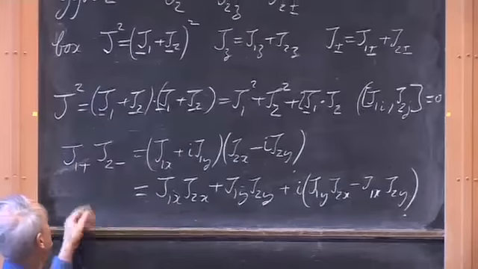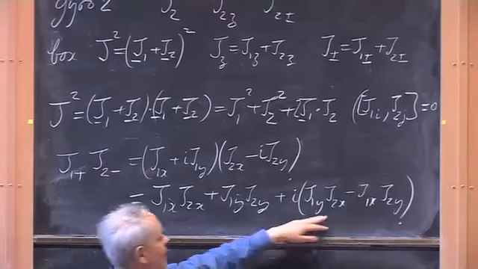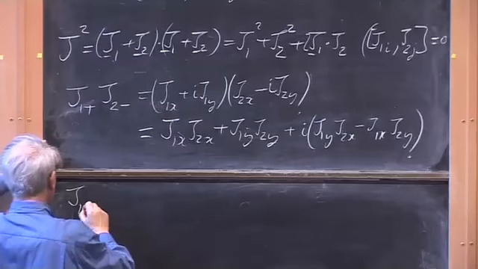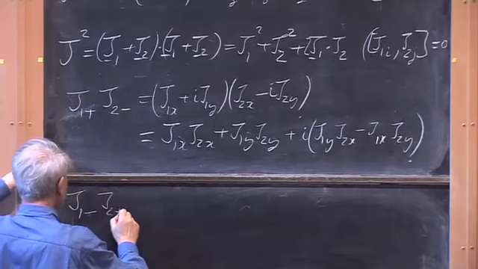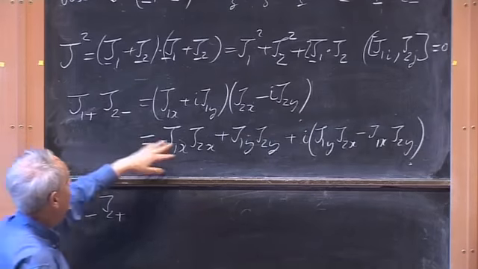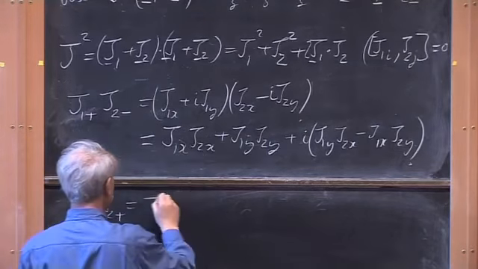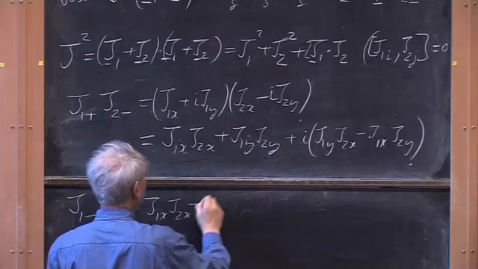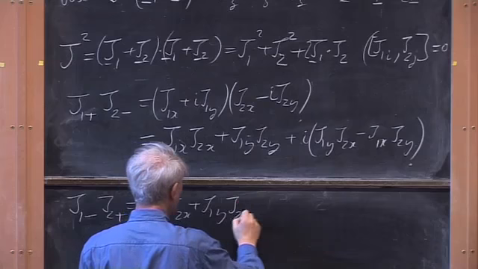But we can get rid of this by arguing that if I write down J1 minus J2 plus, so reverse the plus and the minus, everything will carry across. The first two terms will emerge.